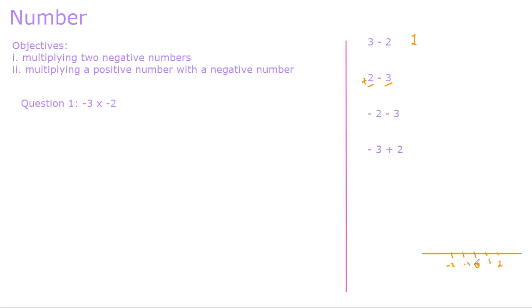Using this number line, we can start from +2 and jump 3 steps to the left side. So the answer would be -1. This is one way of solving this question.